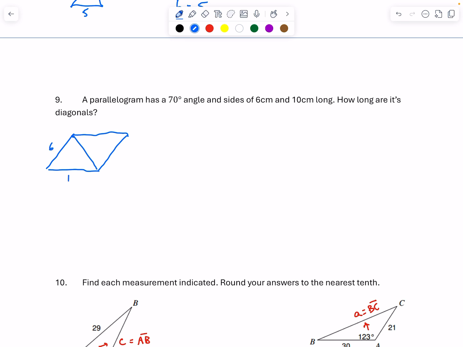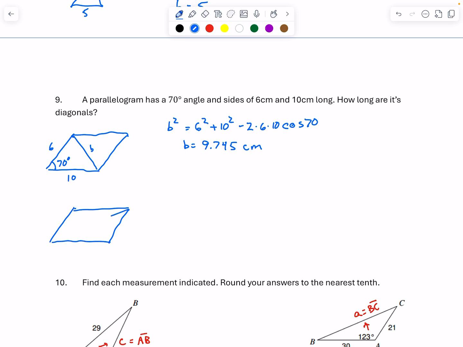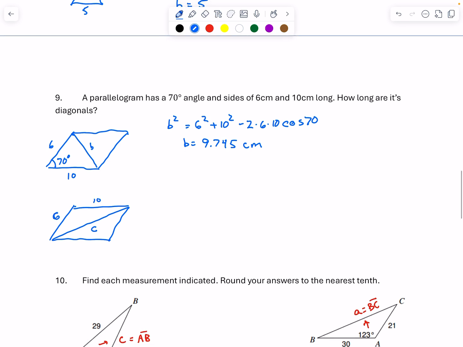So okay, and then we'll draw the same parallelogram, but with the other, the long diagonal, which I think I'll call C. Six.